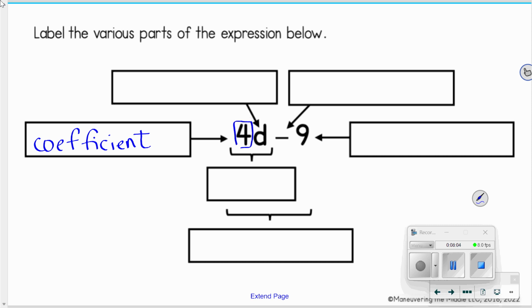It now has a special name. The D itself is our variable. The negative or minus sign is an operator. The 9 is our constant.